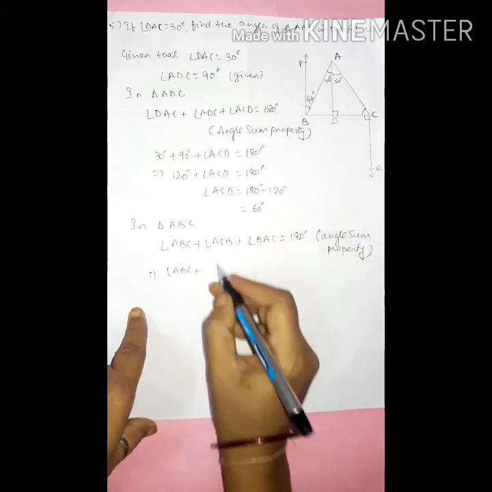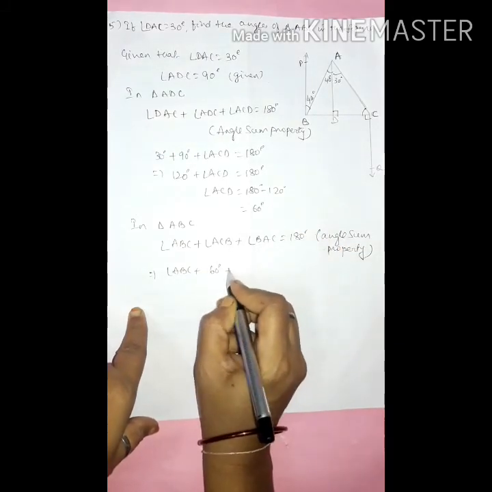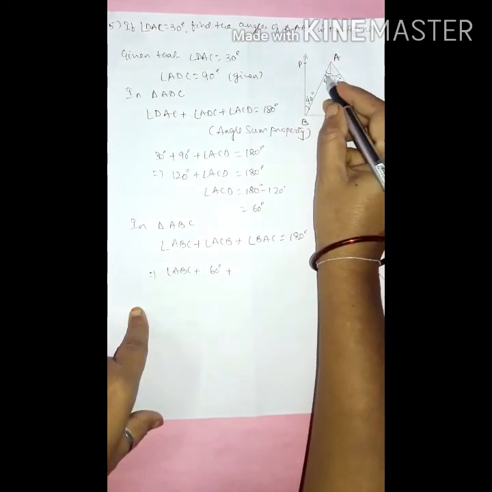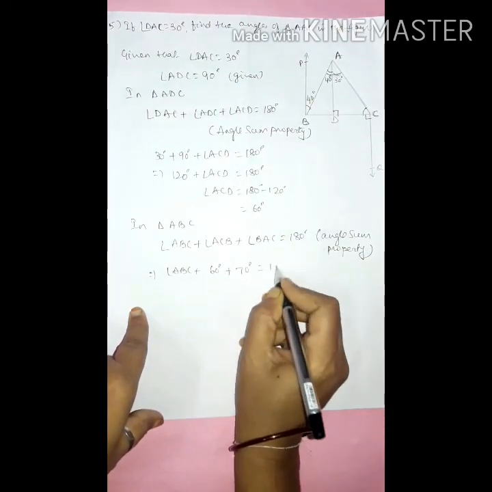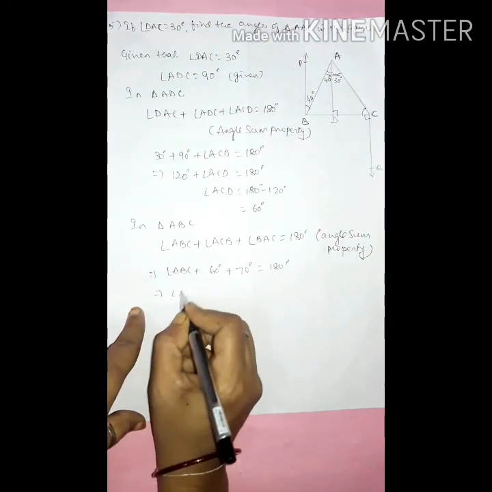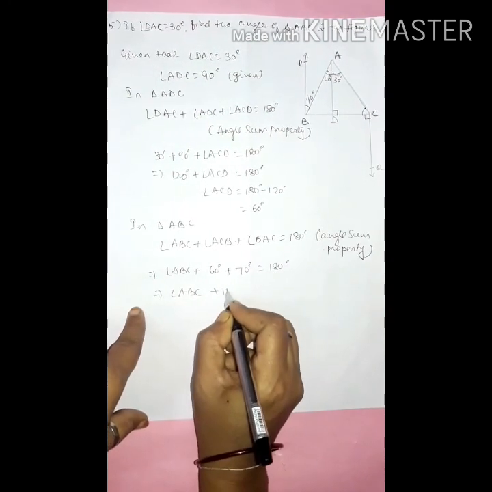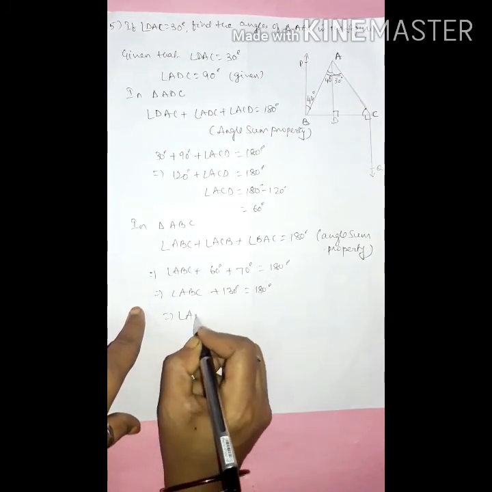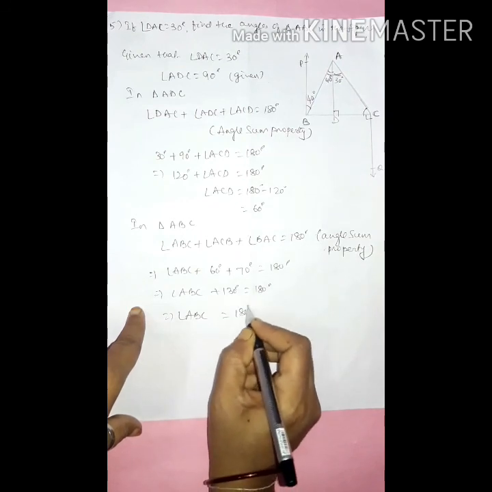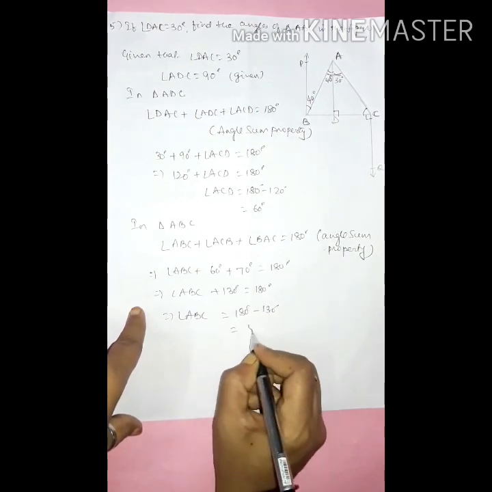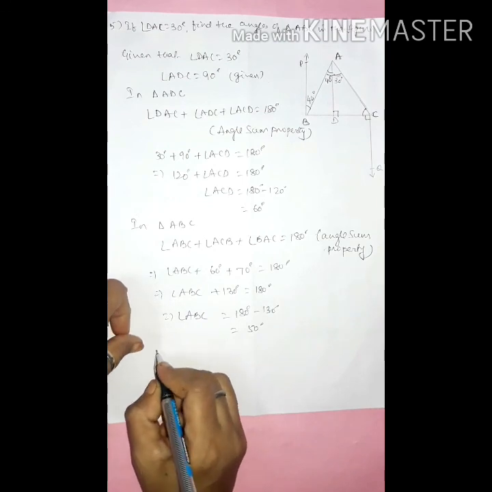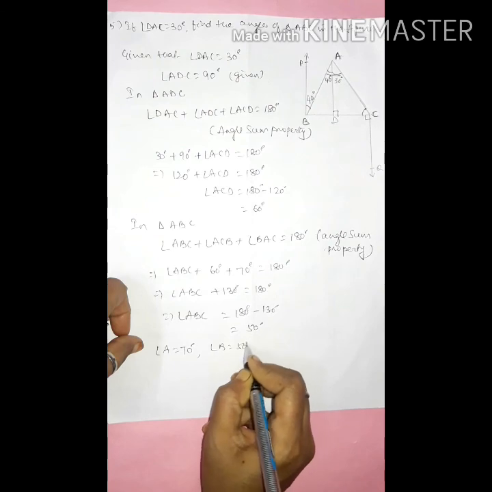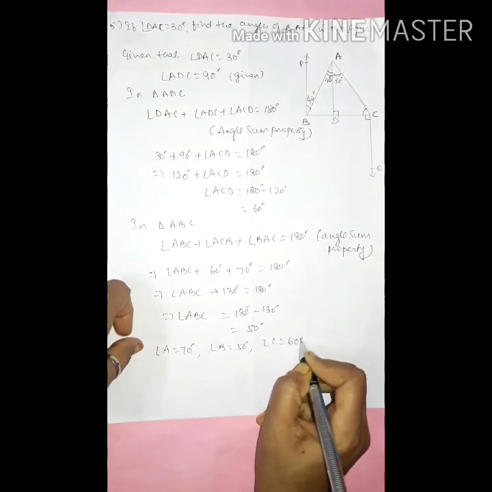Angle ACB is equal to what you got here, 60 degree, plus angle BAC, 40 plus 30, this is 70 degree, equal to 180 degree. This implies angle ABC plus 130 degree is equal to 180 degree. This implies angle ABC is equal to 180 minus 130, this is 50 degree. So the answer is angle A is equal to 70 degree, angle B is equal to 50 degree, and angle C is equal to 60 degree. This is the answer.